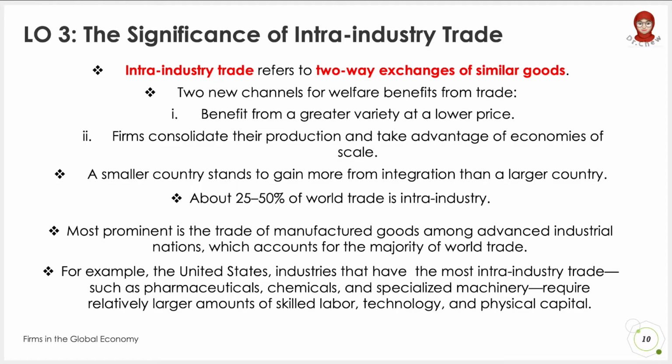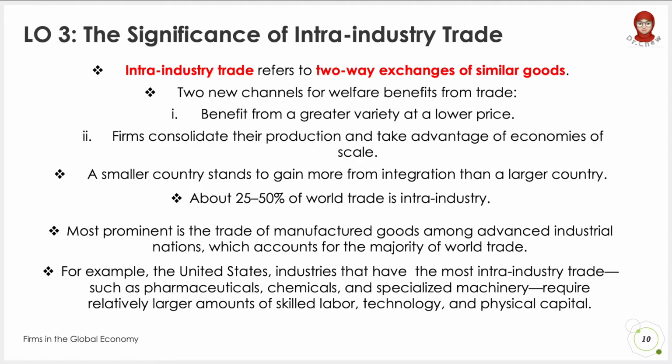The proportion of intra-industry trade in world trade has steadily grown over the last half-century. Smaller countries tend to gain more from integration than a large country, and about 25 to 50% of world trade is intra-industry.